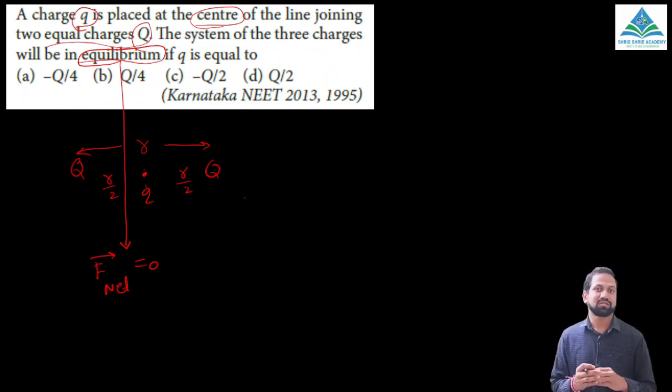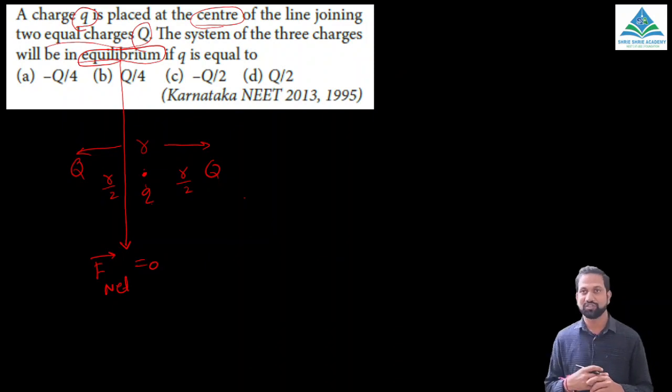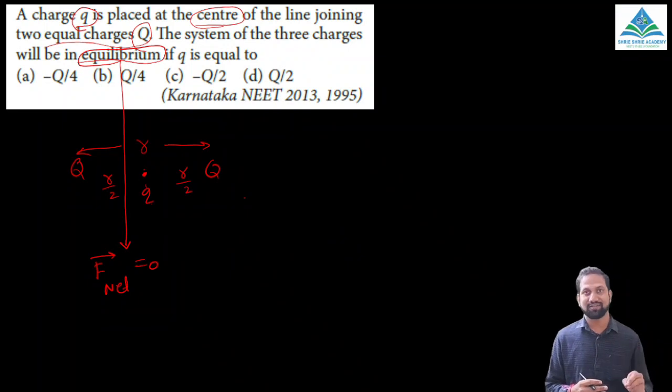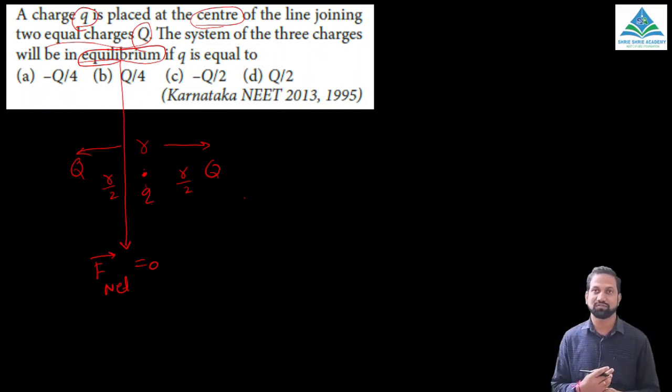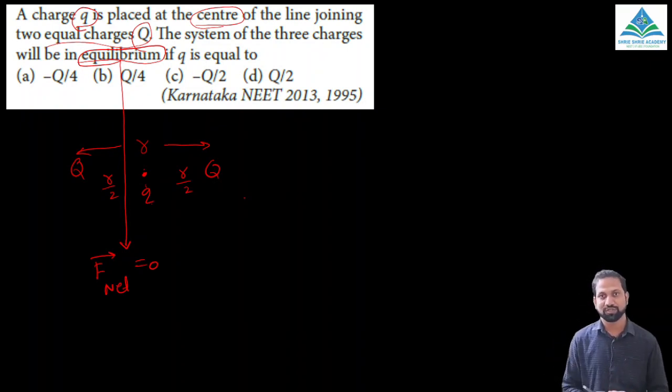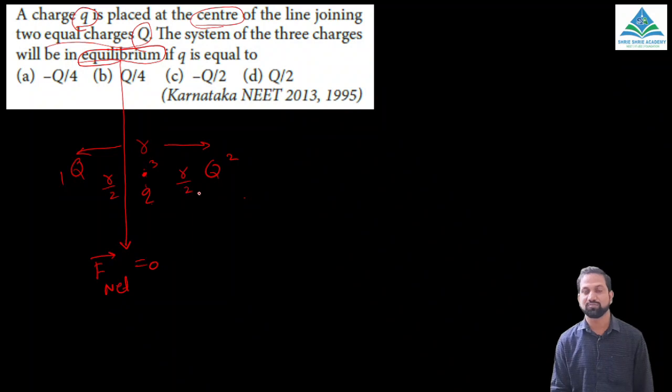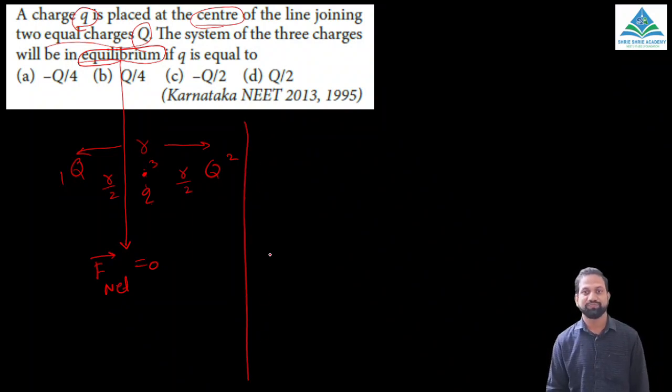If the net force acting on the system is 0, we have to understand it as the net force acting on each and every charge of the system being 0. That means the net force acting on the first charge, the second charge and also the third charge must be equal to 0. Then only the system will be in equilibrium, right?